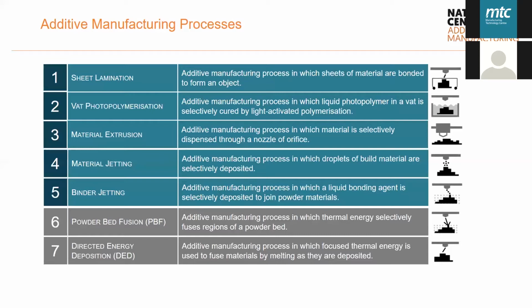I guess lack of understanding of the AM processes themselves and the suitability of those processes to their specific application. That lack of understanding and knowledge might also be a barrier standing in the way of them adopting. And then finally, I guess lack of standardization, touching on the previous question really. A lack of standardization across the whole process chain of additive could potentially also be a barrier.